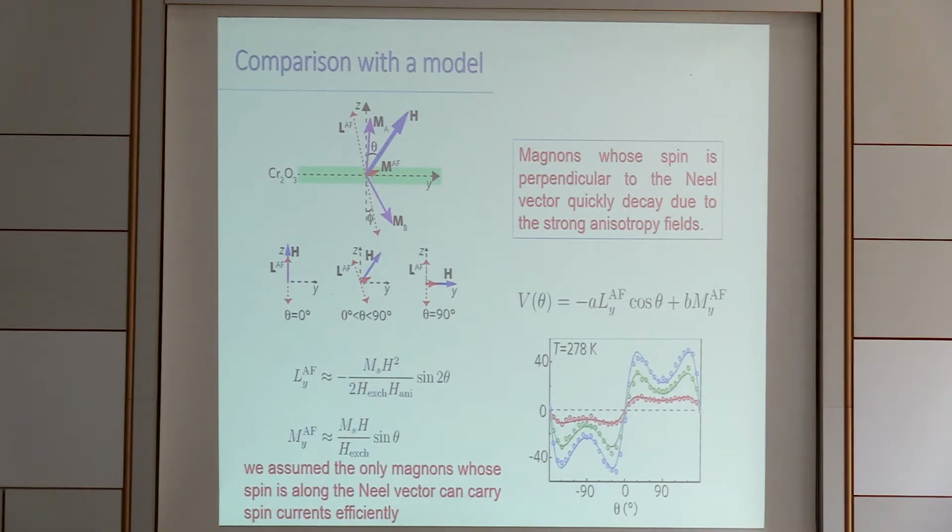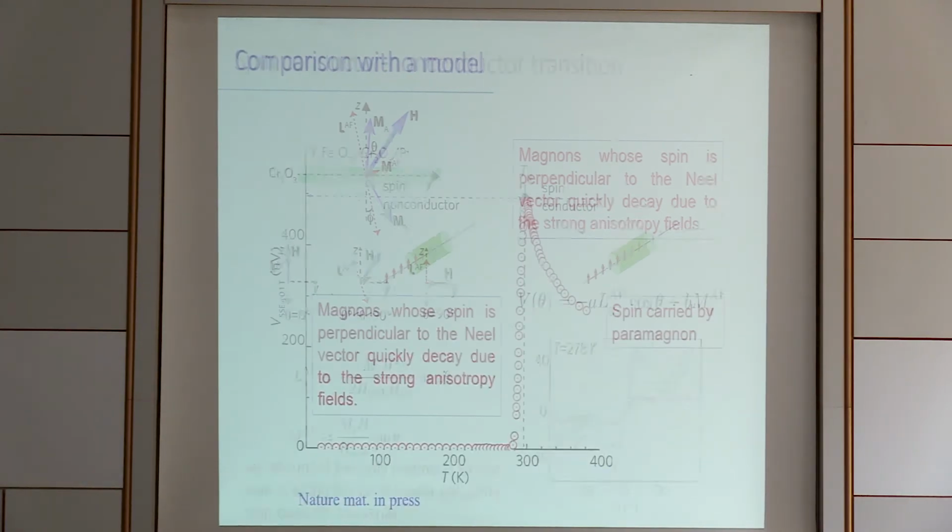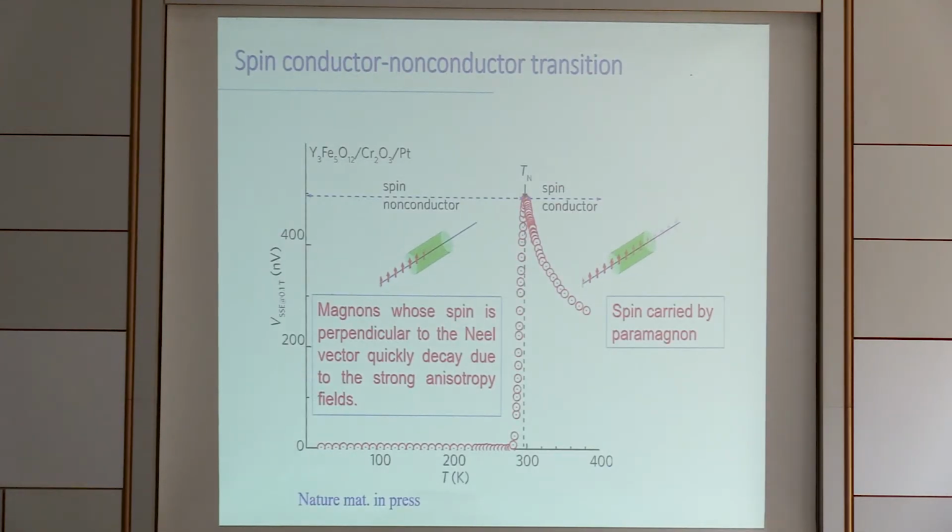So this spin component is quickly decayed, but the spin component along the Néel vector can survive for a longer length scale. We assume such a property, and this result is consistent with the angular dependence. So in this antiferromagnetic phase, the c-axis is completely aligned along the normal direction.